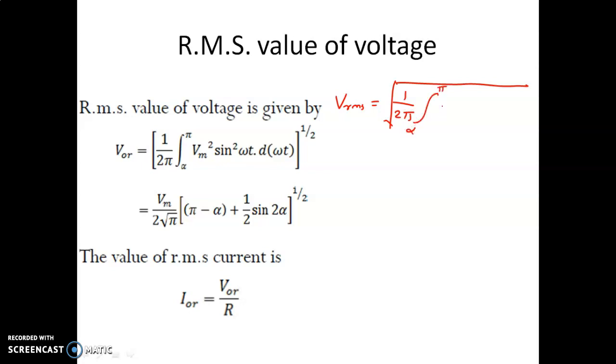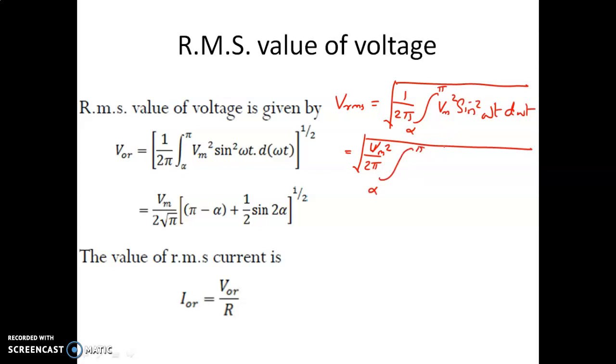We take the square of the instantaneous voltage, Vm sin omega t squared, that is Vm square sin square omega t d omega t. Vm square can be taken outside: Vm square by 2 pi into integral alpha to pi.